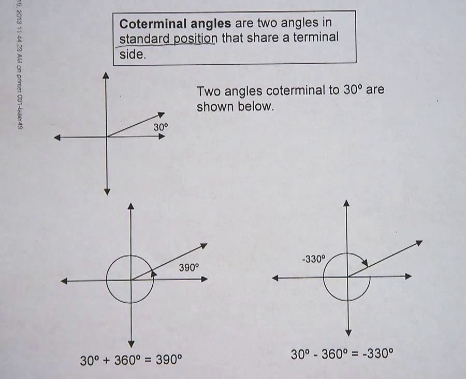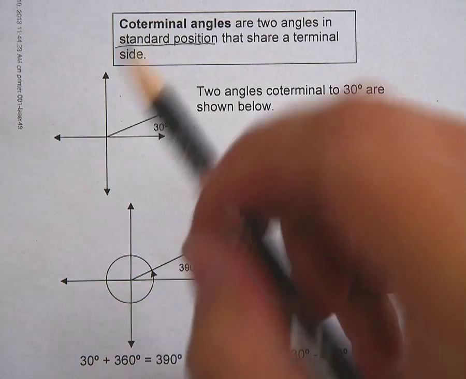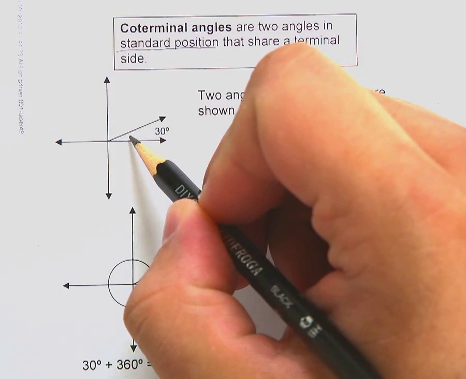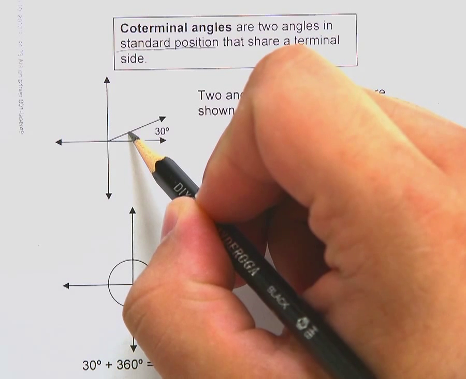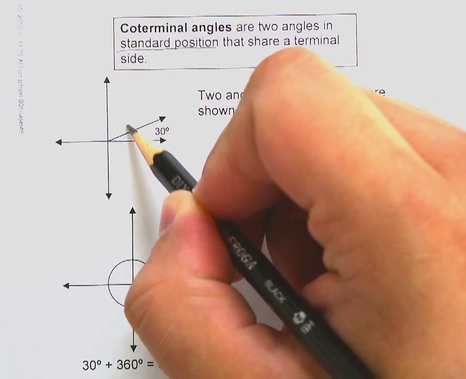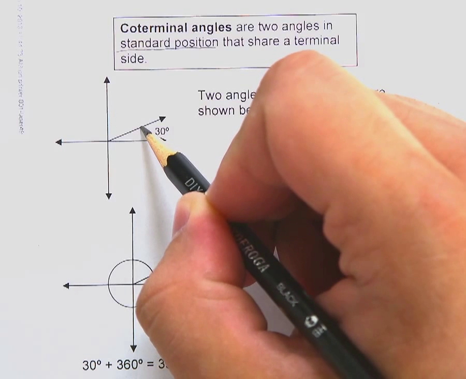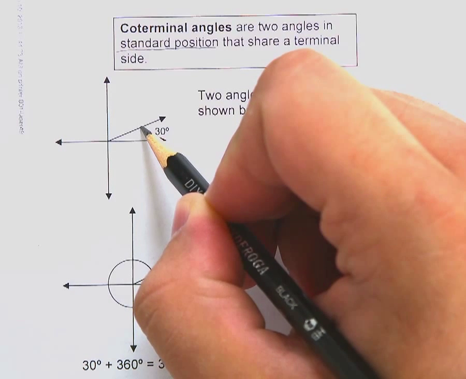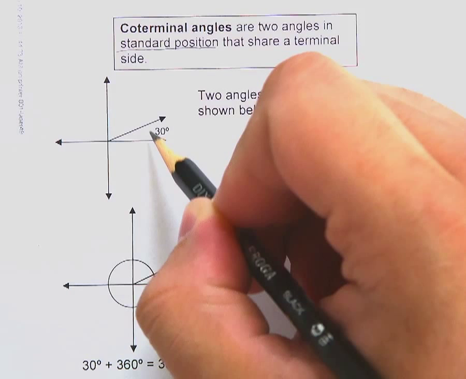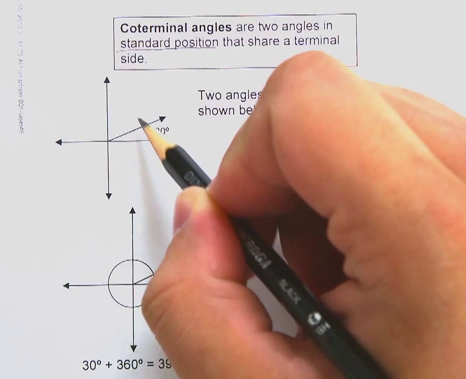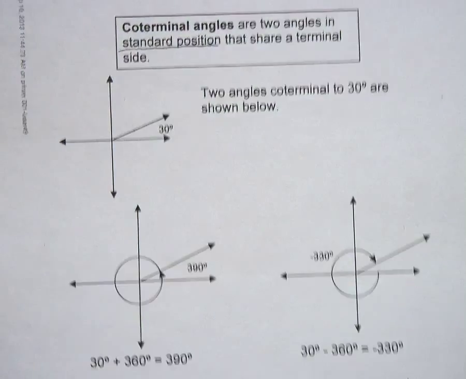So the way you can think about this is, let's say you have a 30-degree angle here. If I was to go the remainder of the way, let's say 360 degrees this direction, and end up at the same angle, that would be 360 degrees plus the original 30 you started with. That'd be 390 degrees, wouldn't it?